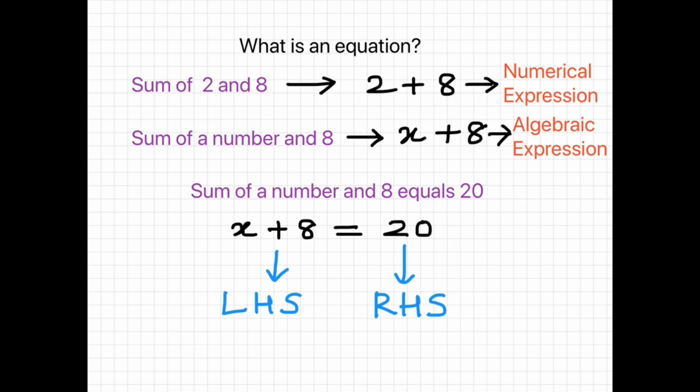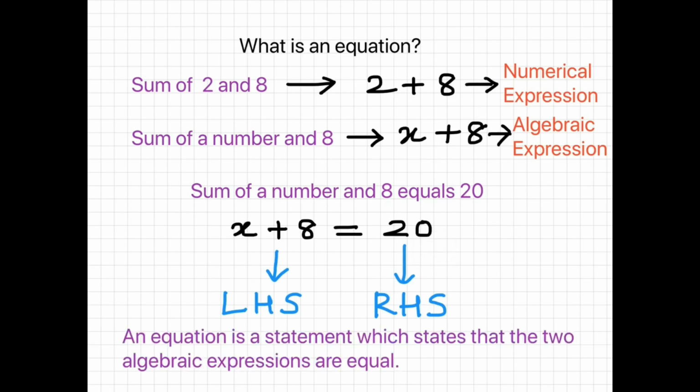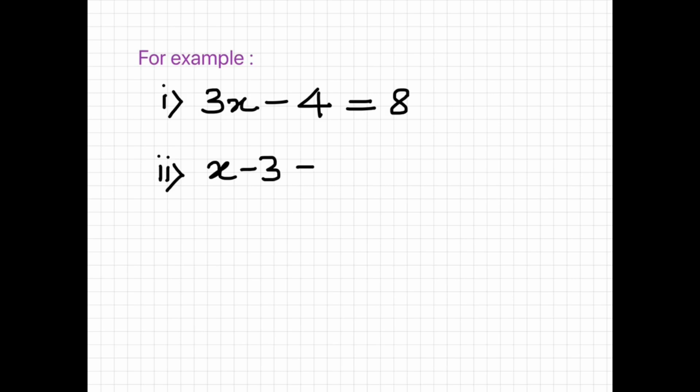Hence, an equation is a statement which states that the two algebraic expressions are equal. For example, 3x minus 4 is equal to 8. Second example, x minus 3 is equal to 3x minus 8.